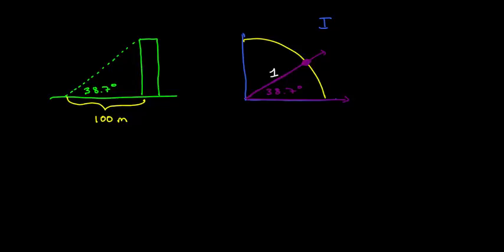Now here comes the important part. And this is what makes all this stuff in trig work here with these right triangles. What I want to know is these other side lengths.